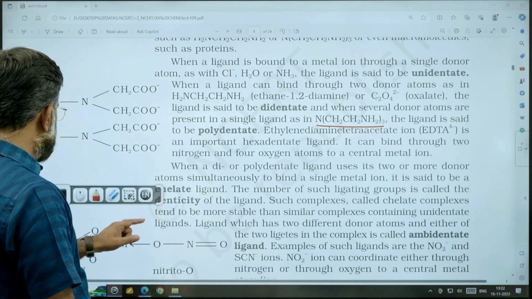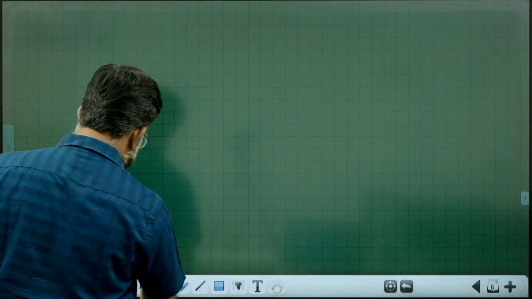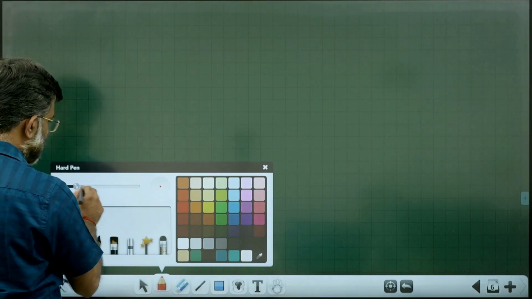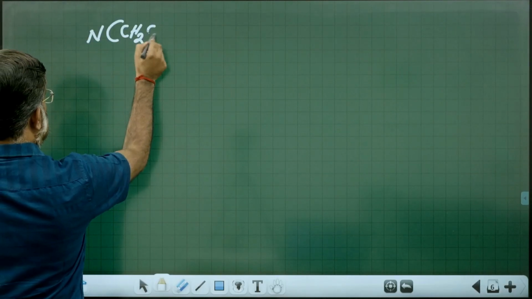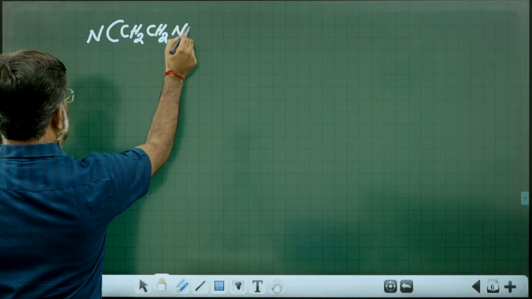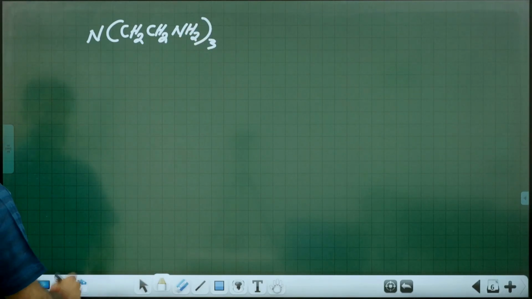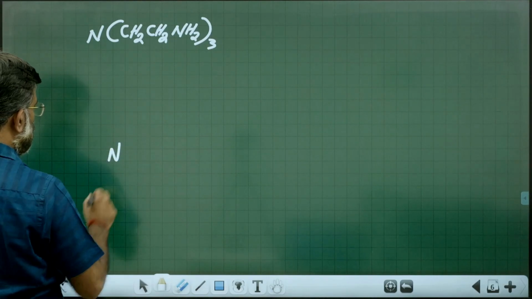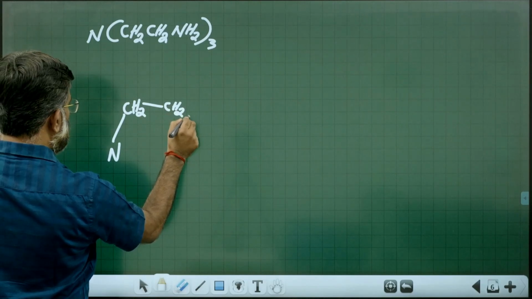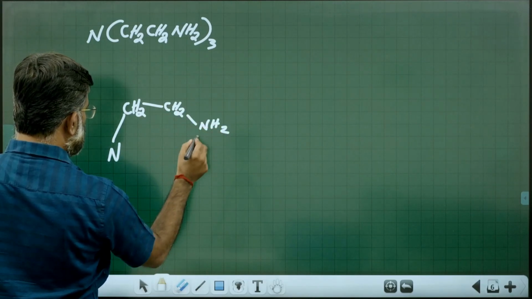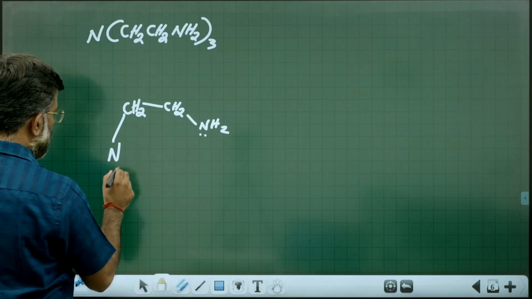What is the denticity of that ligand? Please have a look at nitrogen connected to CH2, CH2, NH2. This is denticity number 1. Easily understandable, right? Look at this.